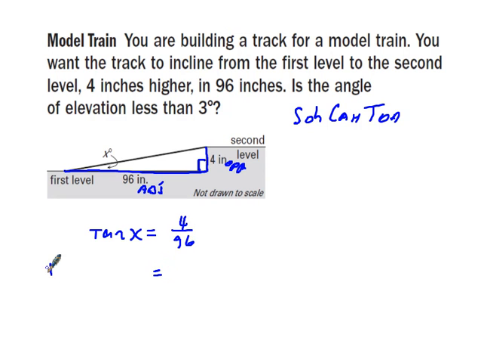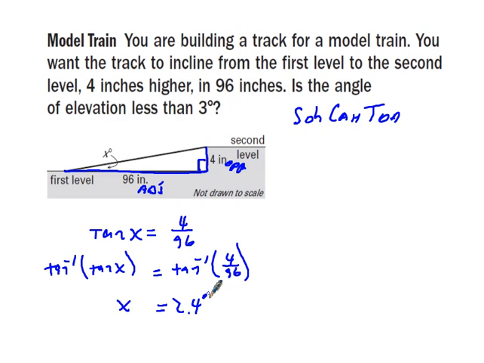And then I'd take the tangent inverse of that to solve for x. So tangent inverse of whatever 4 over 96 is, and I will get my answer. And when I do that, I get 2.4 degrees. So the question is, is the angle of elevation less than 3 degrees? And the answer is yes, it is less.